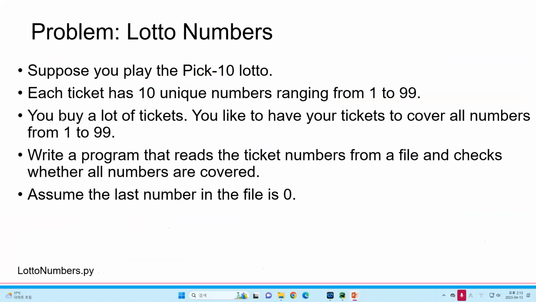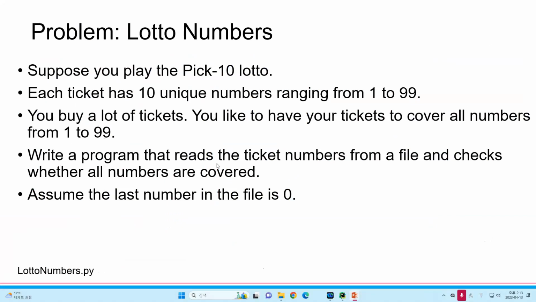Let's say you buy a lot of tickets and you'd like your tickets to cover all numbers from 1 to 99. So it means you will buy like 100 tickets, and those tickets contain numbers from 1 until 99.